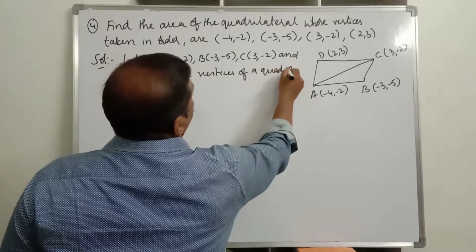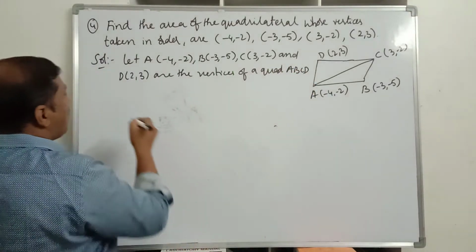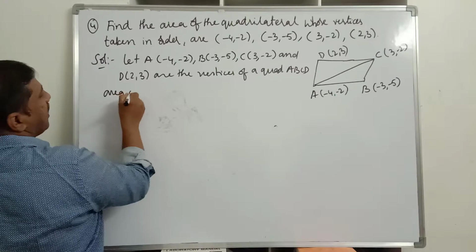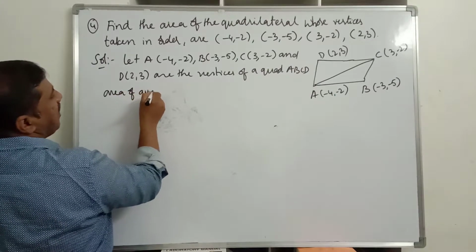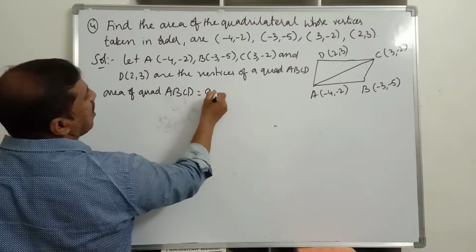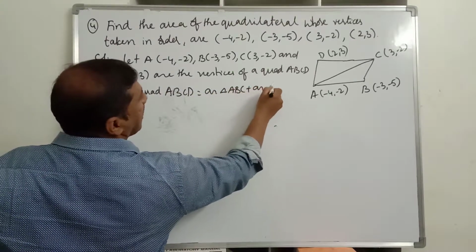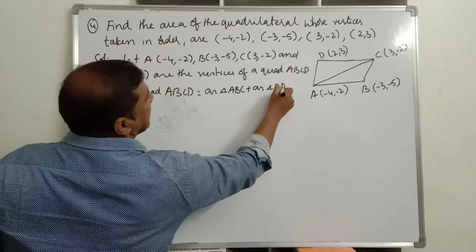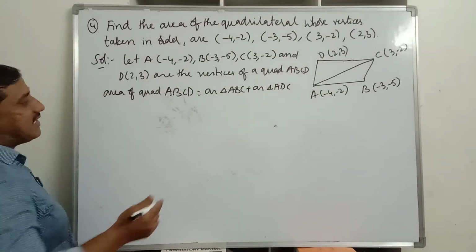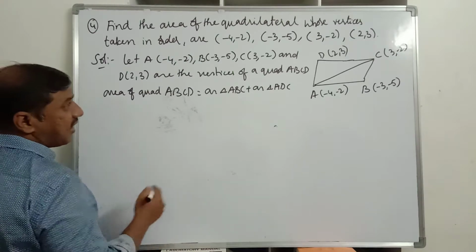Now the area of quadrilateral ABCD is equal to the area of triangle ABC plus the area of triangle ADC. Now find the area of triangle ABC and the area of triangle ADC.